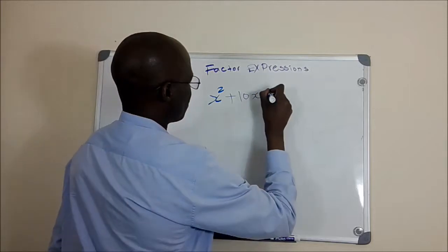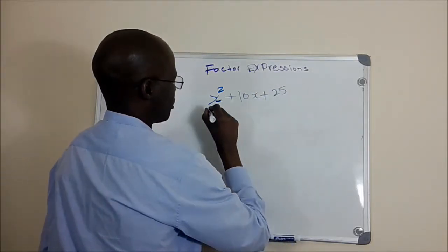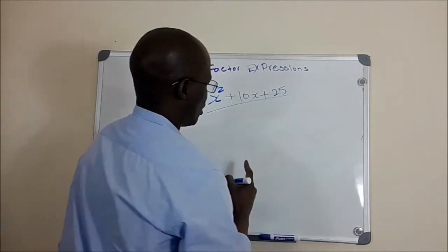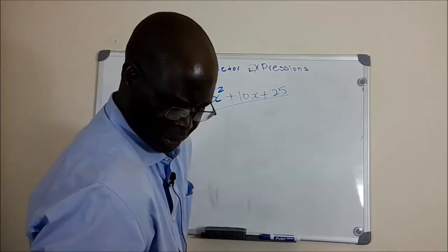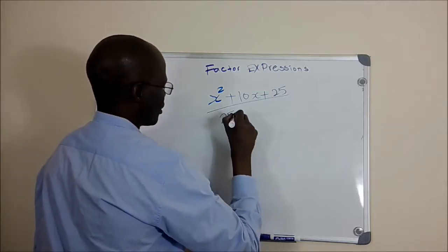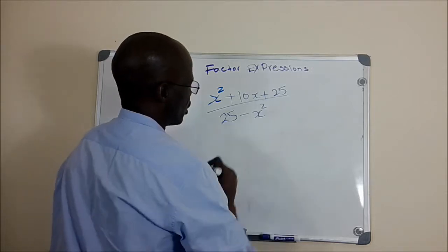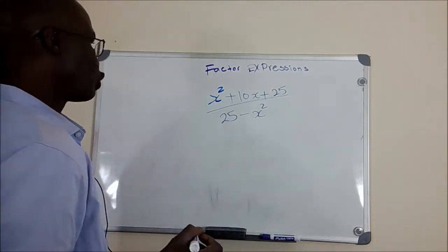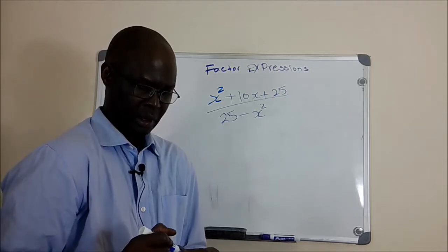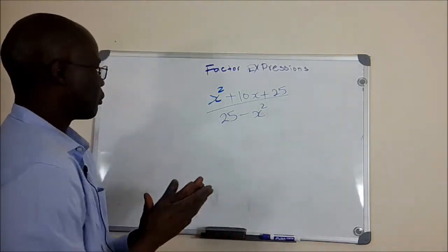Plus 25. All is divided to 25 minus x power 2. And we want to simplify this example.